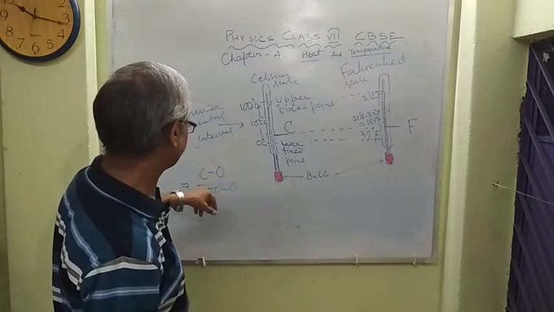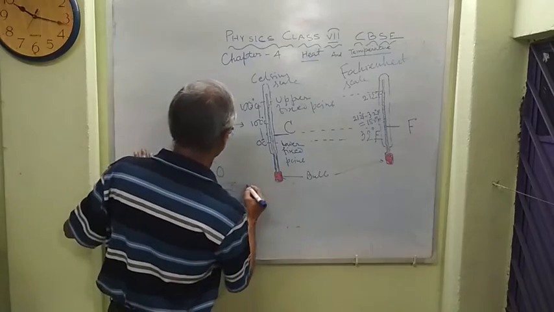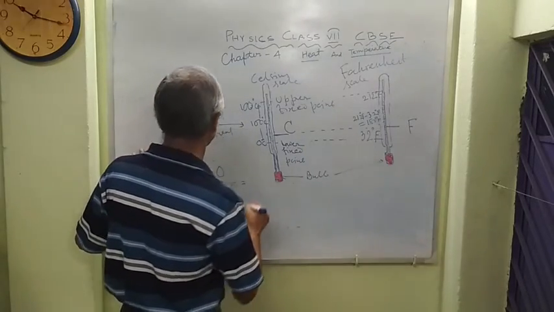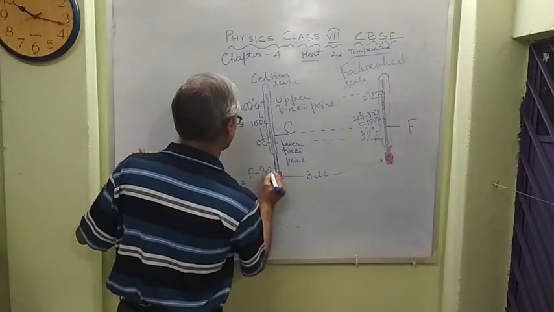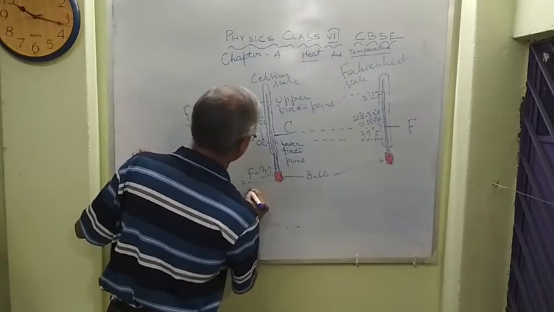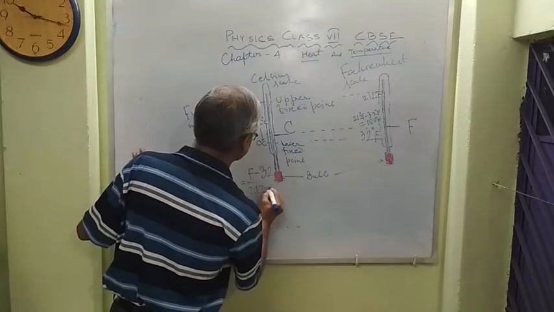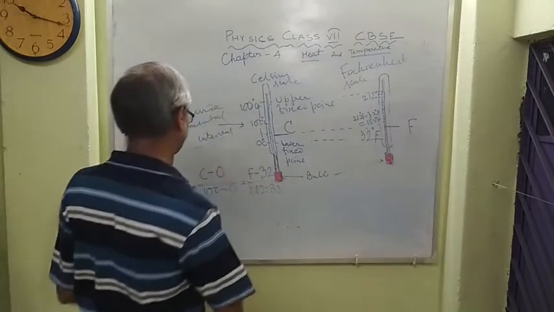We omitted here the degree sign. Equal to F minus lower fixed point 32 divided by 212 minus 32, that is fundamental interval.